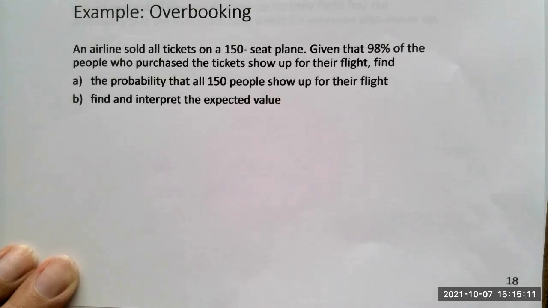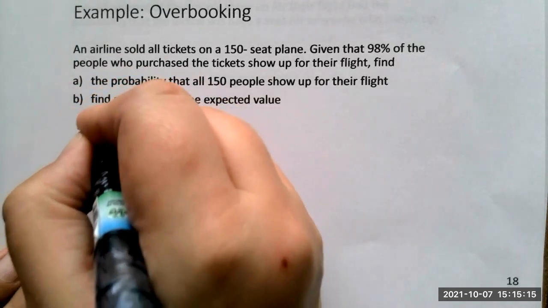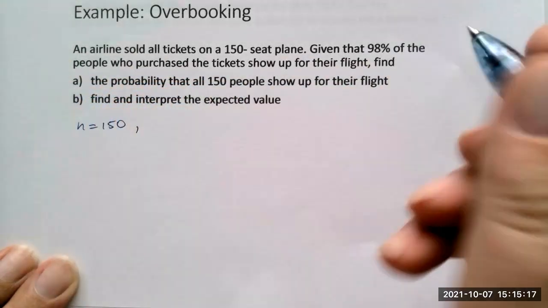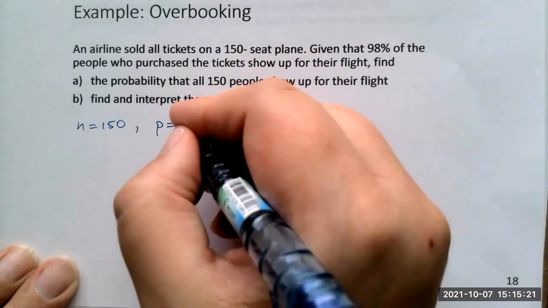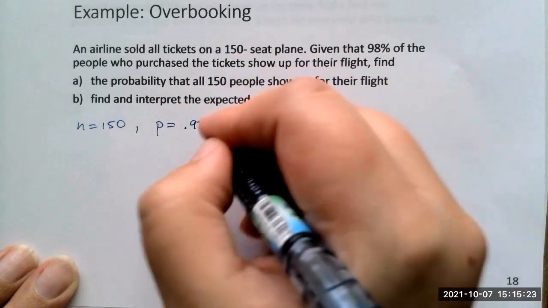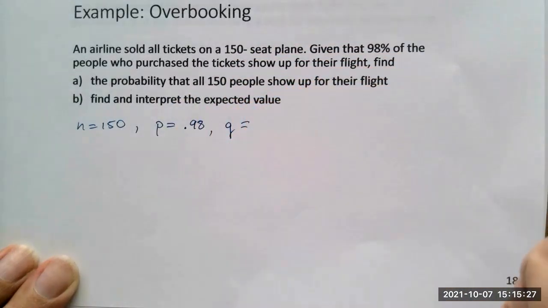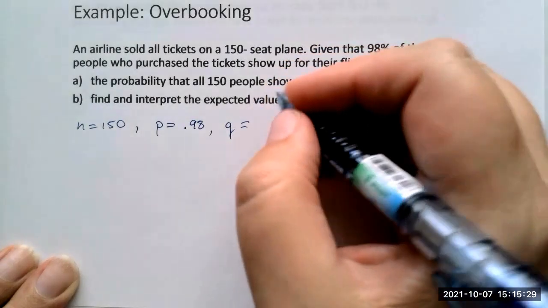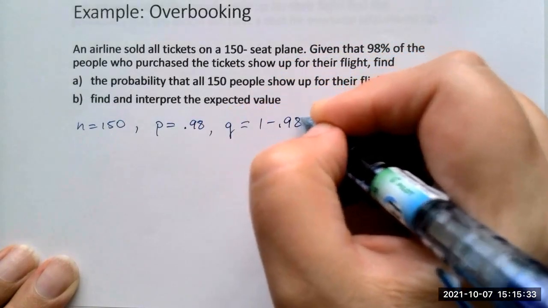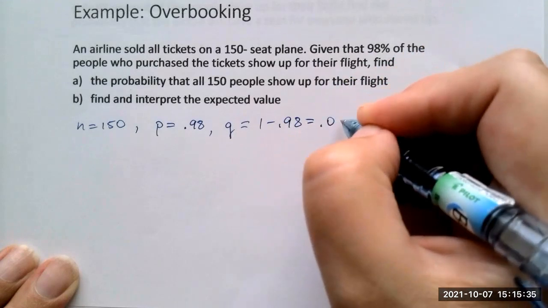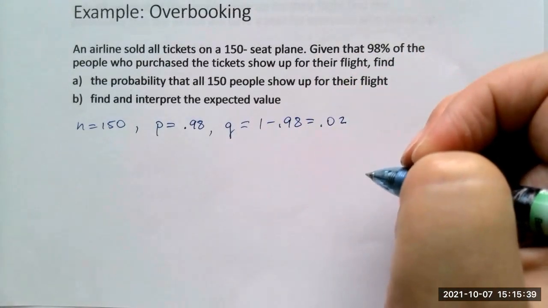Well, this is our Bernoulli trials with n equals 150 and the probability of success of 98% or 0.98. Well, it would be useful for us to know the probability that the person will not show up, the probability of failure, which is a complement. So we're going to have 0.02 for Q.